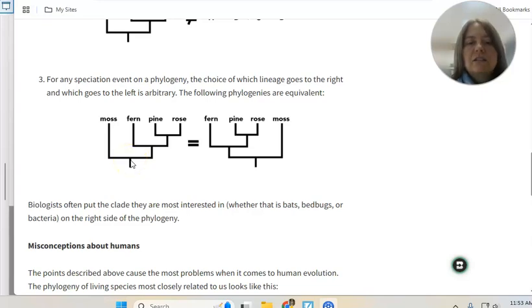You go back millions of years and there was a speciation event where there was a population of non-vascular plants, and they have evolved into modern day mosses, and then another population changed, could no longer interbreed, and developed vascular tissue. So like ferns, pine, and rose.